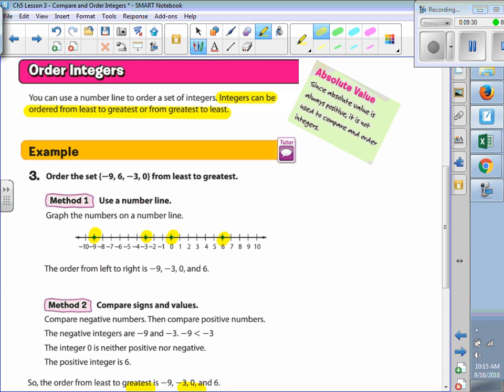And when you put them in order, you just follow the number line from left to right. If you're going least to greatest, you go from left to right. You got that? And if you're putting them in order from greatest to least, you go from right to left. Got it? All right, very good.